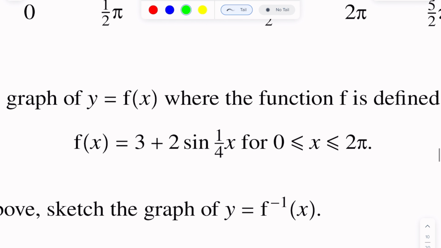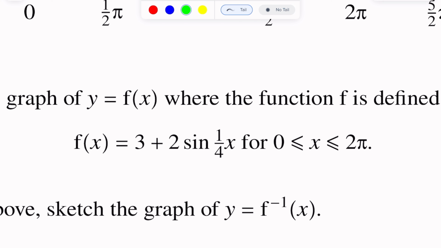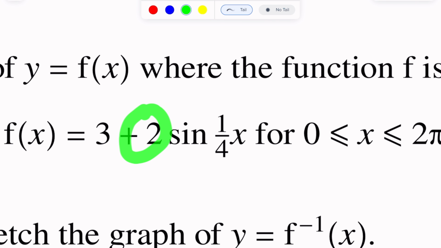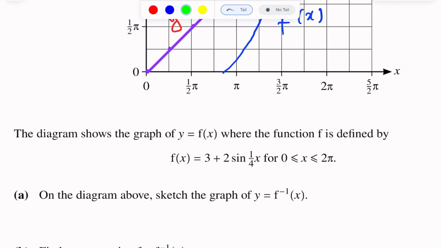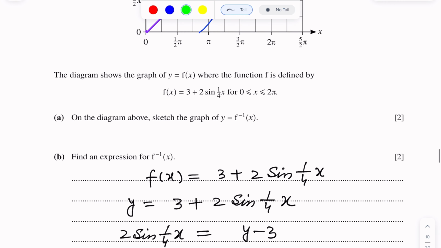This is the function f(x) = 3 + 2 sin(1/2 x). This constant value 3 shows the vertical translation, and this 2, the multiple of sine, is the stretch along the y-axis, and this multiple of x shows the horizontal stretch.